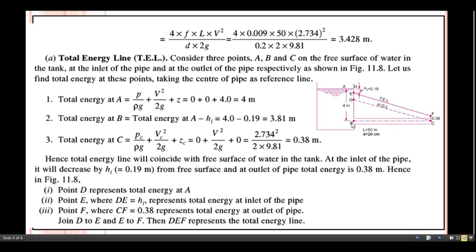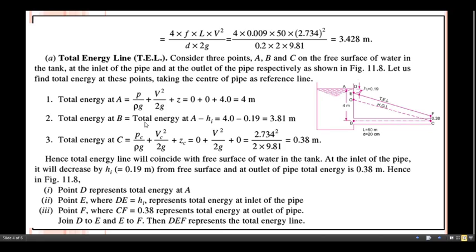Now the total energy at point A is nothing but P divided by rho g plus V square divided by 2g plus Z. What about this value at the free surface of the water? We know the value for this one is 0. Then next one also you can get 0, but here we can get the Z as 4.